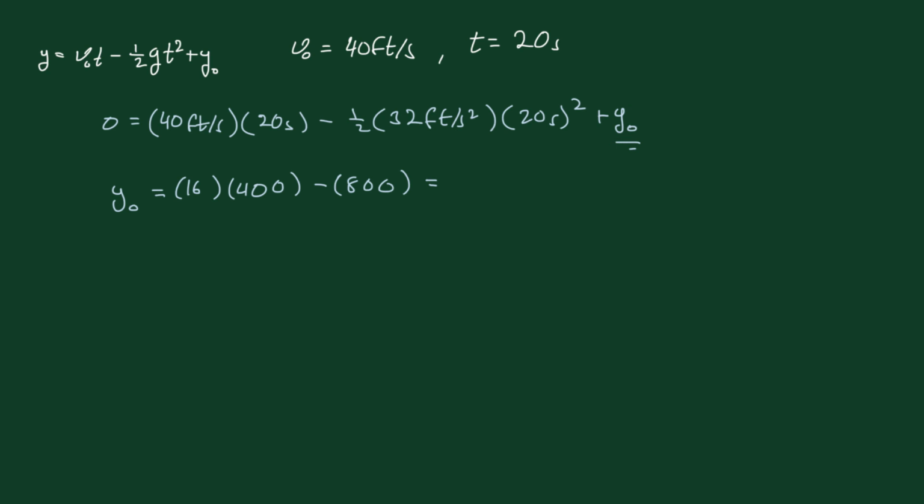So this is 6,400 minus 800, and that gives us 5,600 feet. So y0 is equal to 5,600 feet.